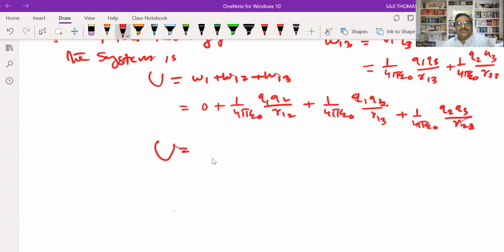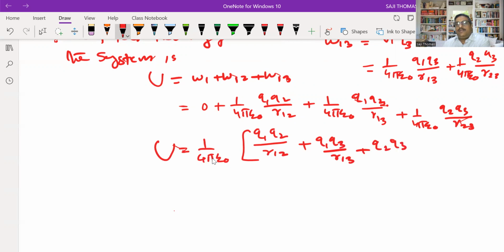U is equal to 1 by 4 pi epsilon 0 common, you can take Q1 Q2 by R12 plus Q1 Q3 by R13 plus Q2 Q3 by R23. This is the equation for potential energy of a system of 3-point charges.